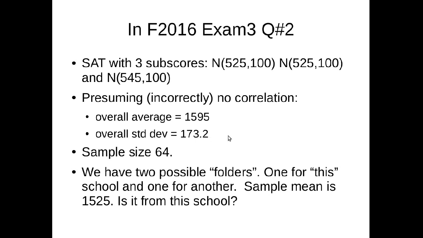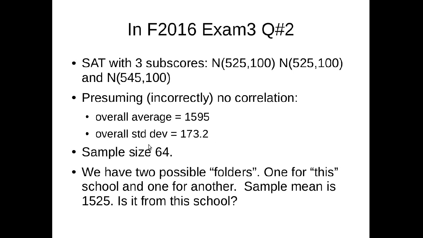Sample size is 64. So we're going to have a sample of 64 students, and the question that my students had to answer is, we have 2 possible folders. The names have been blacked off, and one of the folders is for this school and one of the folders is from another school, and the sample mean of the folder you grab is 1525.